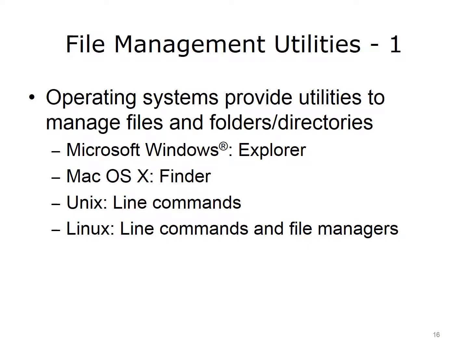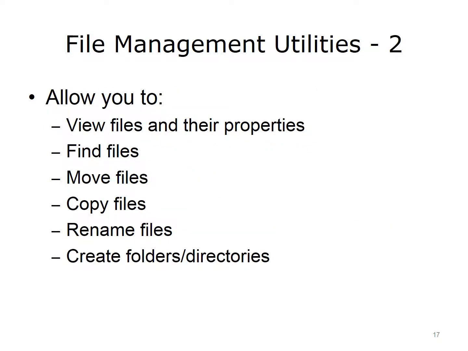Some of the currently popular ones are named Midnight Commander, Konqueror, Nautilus, and Dolphin. File management utilities allow you to view files and their properties, find files, move files from one folder or directory to another, copy and paste files or folders, rename files or folders, and create folders and directories.